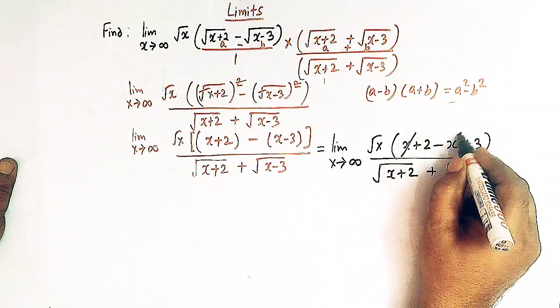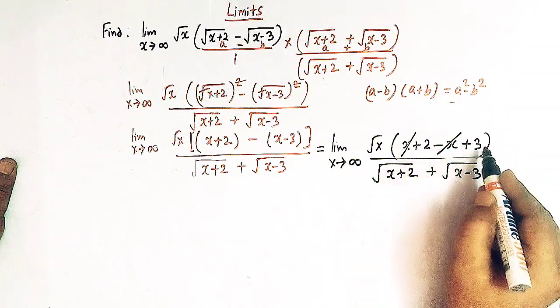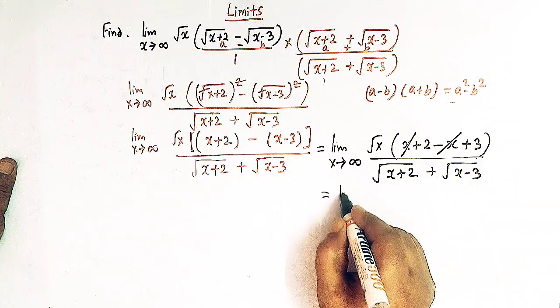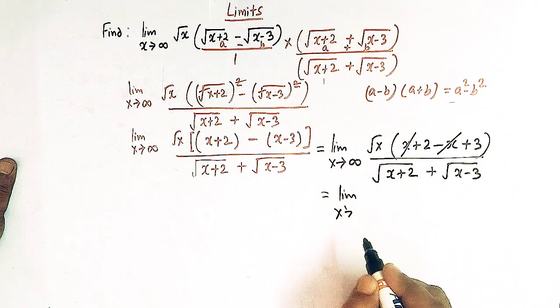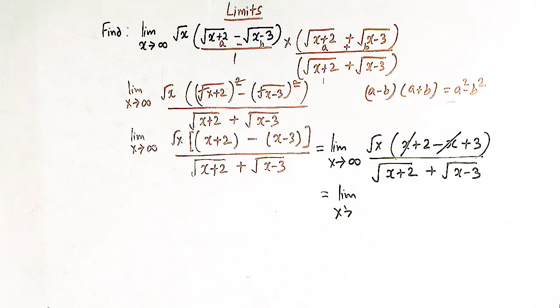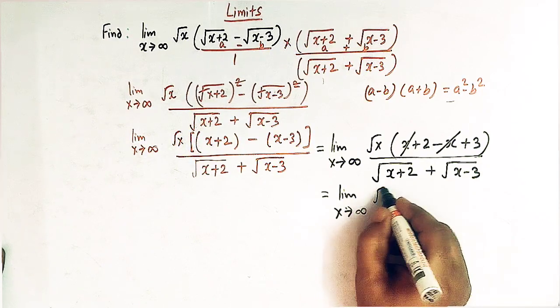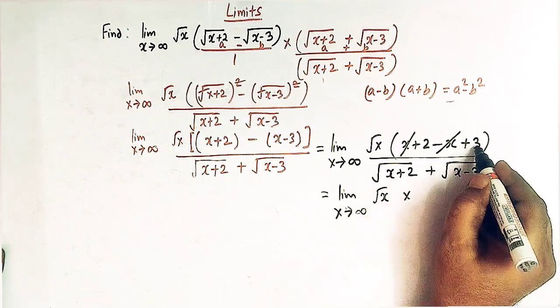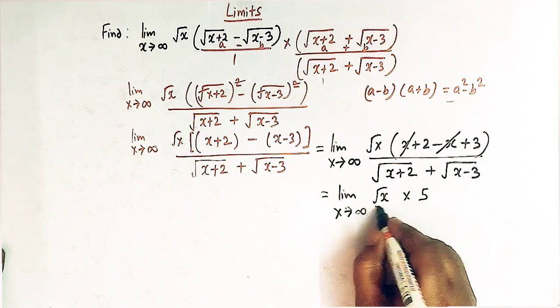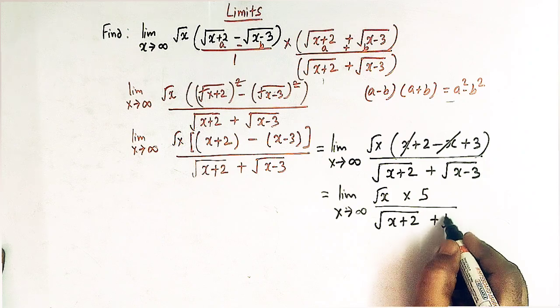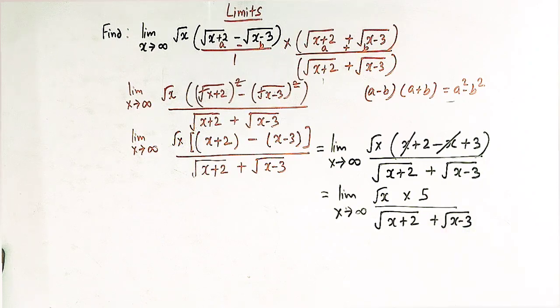Now this x and this minus x get cancelled, and we are left with 3 plus 2, that is 5. So we have limit x tends to infinity of square root of x times 5, over square root of x plus 2 plus square root of x minus 3.